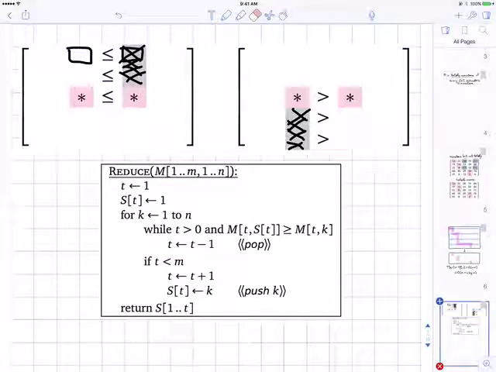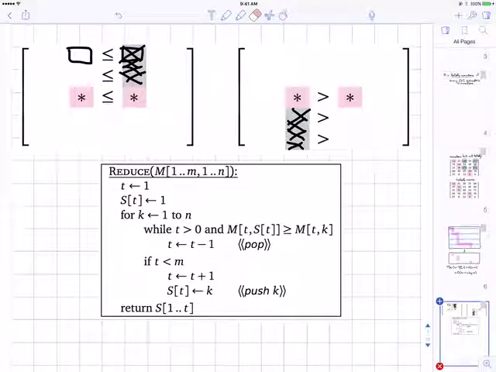And what reduce does is it takes a matrix that's totally monotone, and it has more columns than rows, so it's wide and short, and it turns it into a matrix that is square, and is still totally monotone, and all the row minima in the original matrix survived into the new matrix. Okay, so it kind of does a horizontal compression of the matrix.